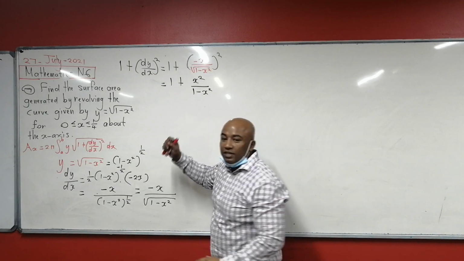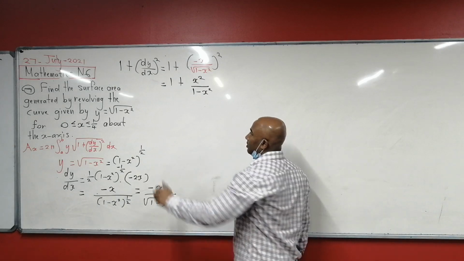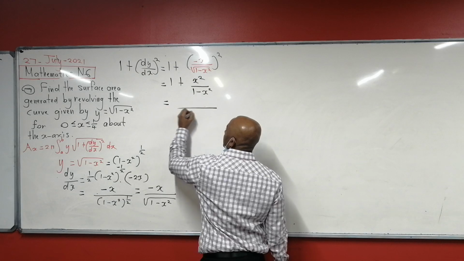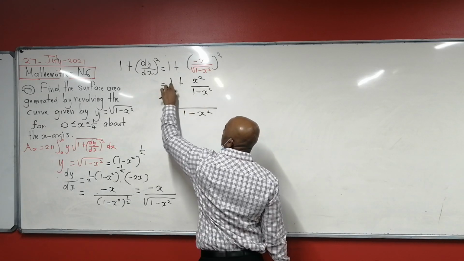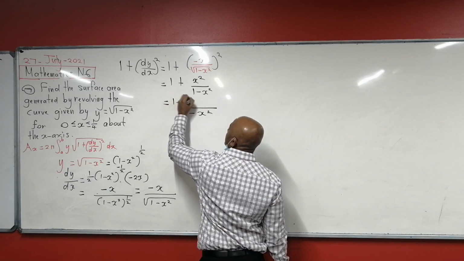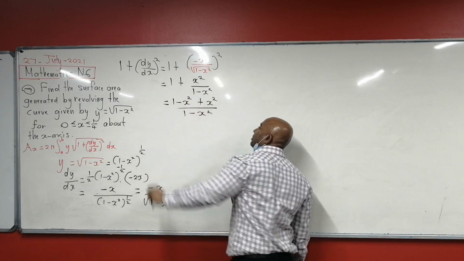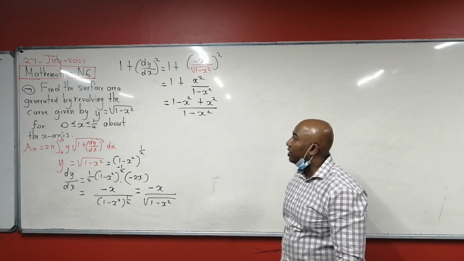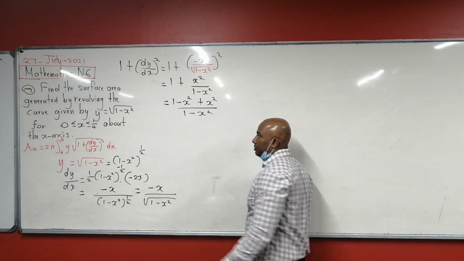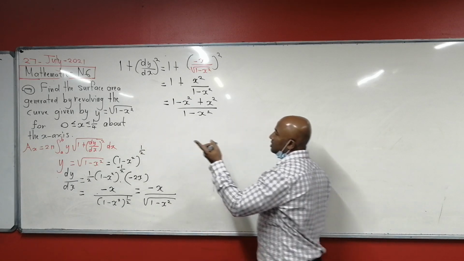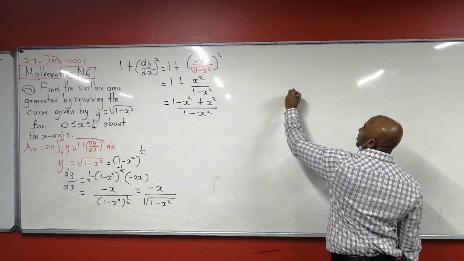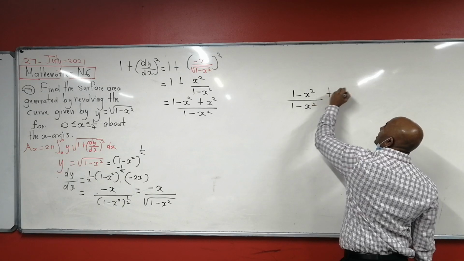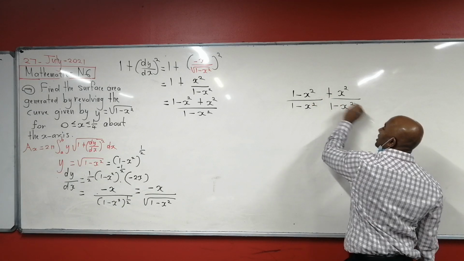There are two terms. Find the LCD. So your LCD is going to be 1 minus x squared. That means this is multiplied by 1 minus x squared, and then I got my plus x squared. Okay, that's an LCD of 1 minus x squared. Now, if you're confused, basically what happened there is I got 1 minus x squared over 1 minus x squared plus x squared over 1 minus x squared.